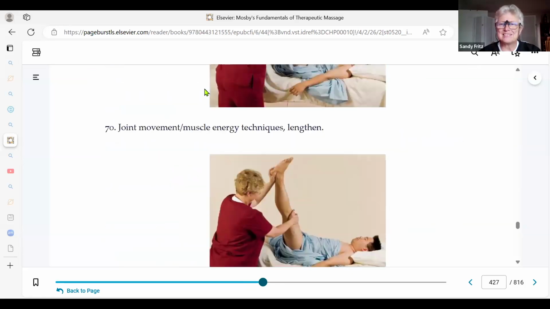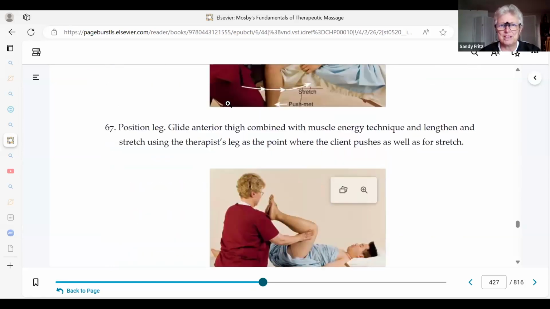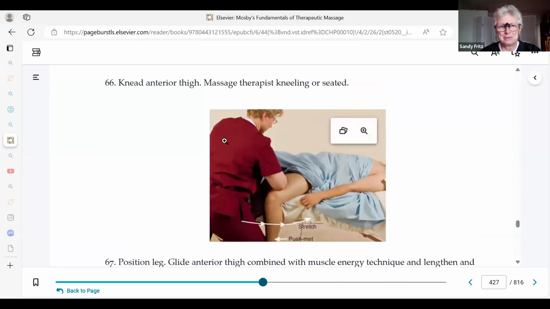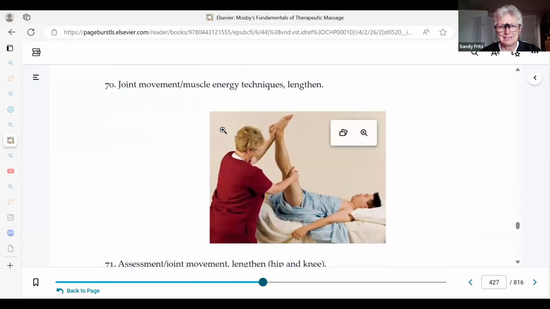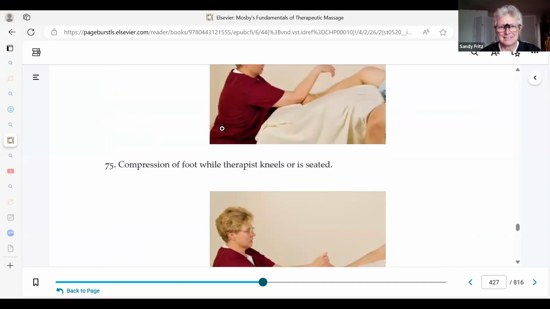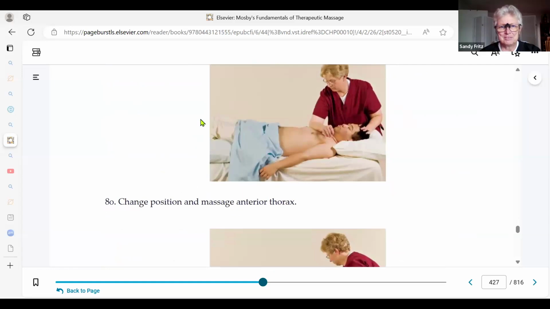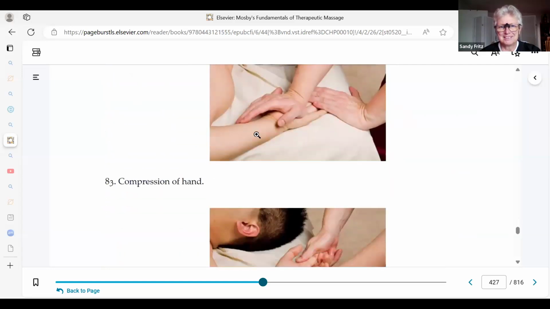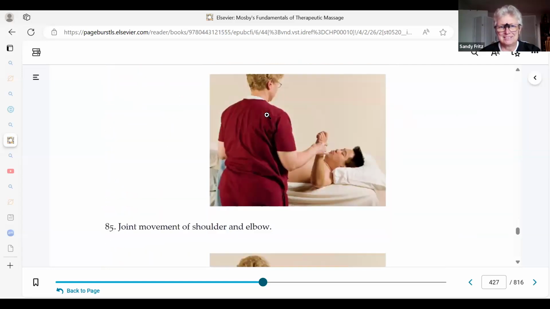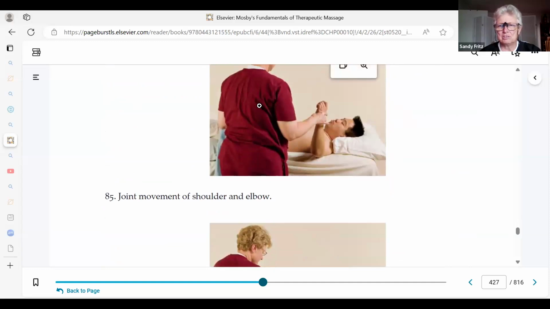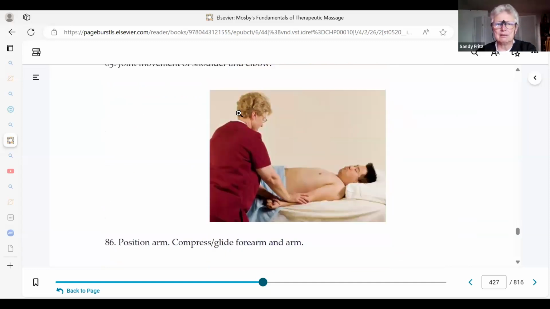If you do this fast enough, it almost looks like a little movie. So here's your general abdominal massage. Hands. It gives you ideas for positioning the body that you might not have thought of.